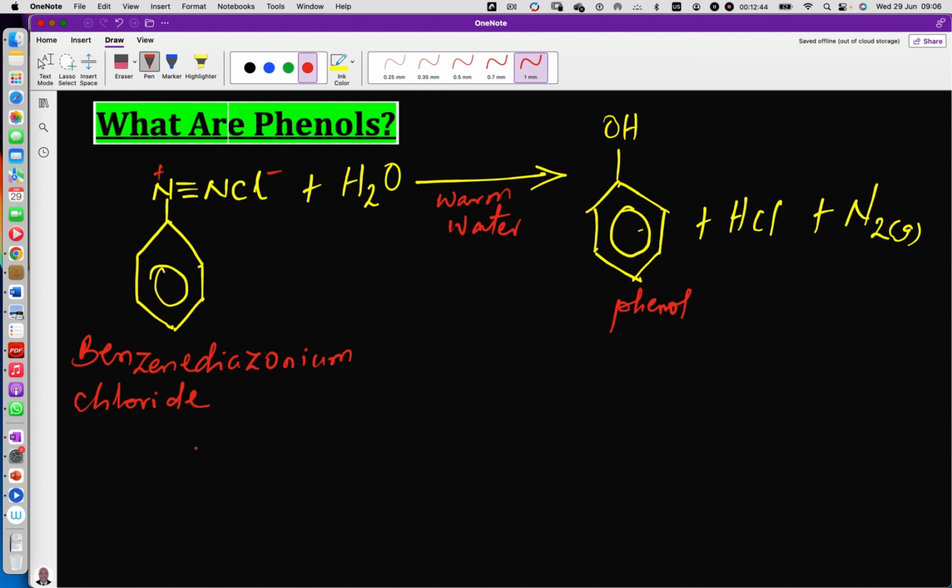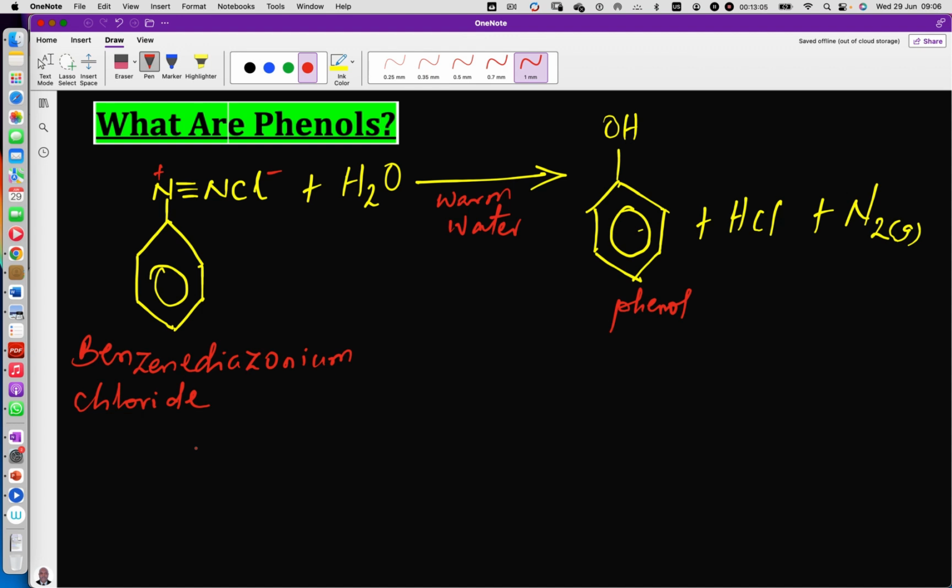So now, it is different. It is different here because if you look at it critically, as I said, phenols are benzene compounds with an OH group on the benzene ring.